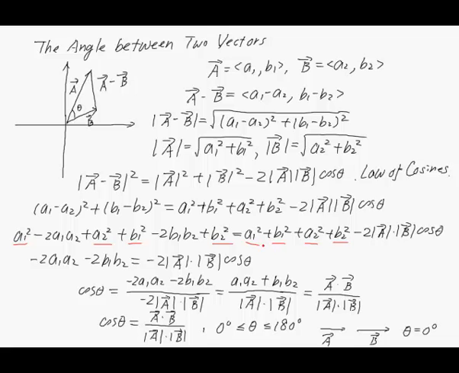The process for deriving this formula is kind of complicated, but you just need to memorize this final result: the cosine of the angle between two vectors is the ratio of their dot product and the product of their magnitudes.